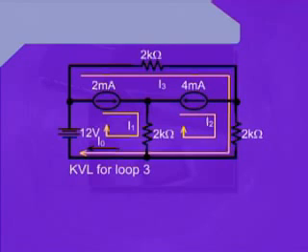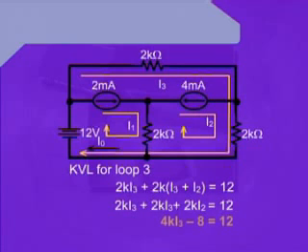Now, applying KVL to write down the equation for mesh number 3, which is the bigger mesh, we can write 2k I3 plus 2k (I3 plus I2) is equal to 12. Or we can write 2k I3 plus 2k I3 plus 2k I2 is equal to 12.